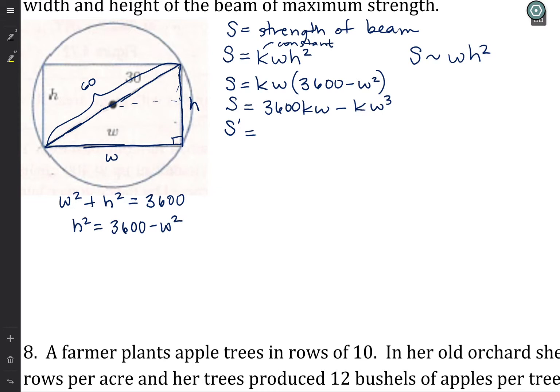So imagine if the K wasn't there at all. We had 3,600 W. The derivative would just be 3,600. The K just kind of sticks to that 3,600 and behaves in the exact same way. And similarly for KW cubed, the K is a constant multiple, so it'll just hang out. That 3 will drop down in front, and it will become a W squared.